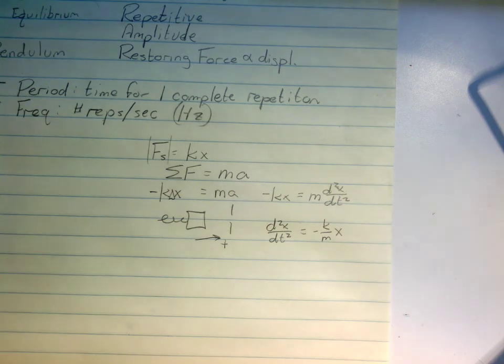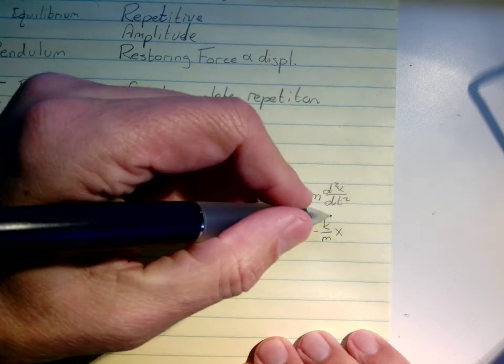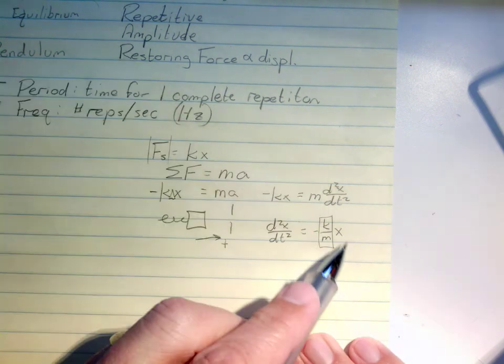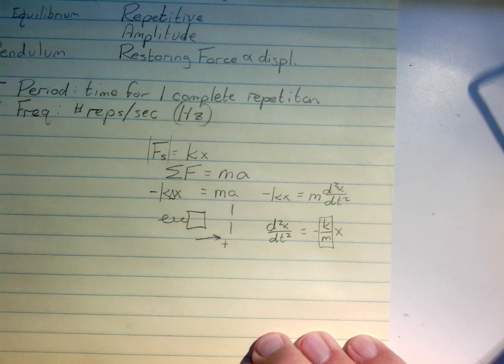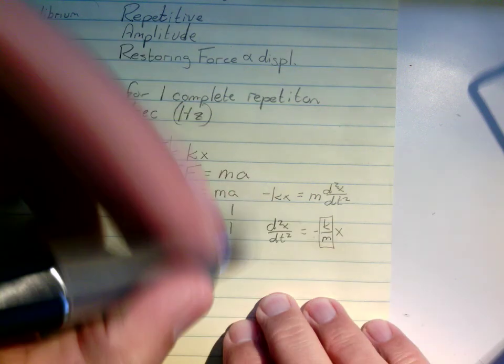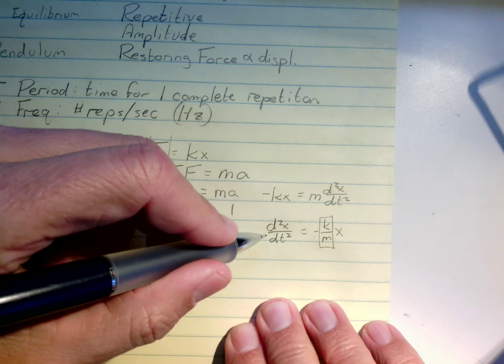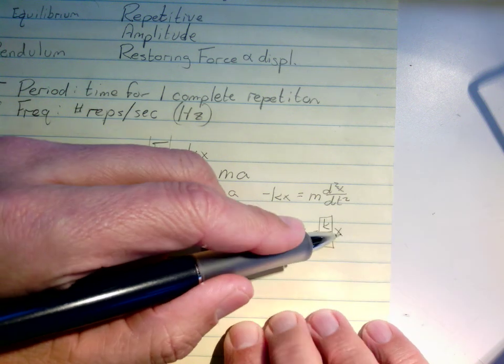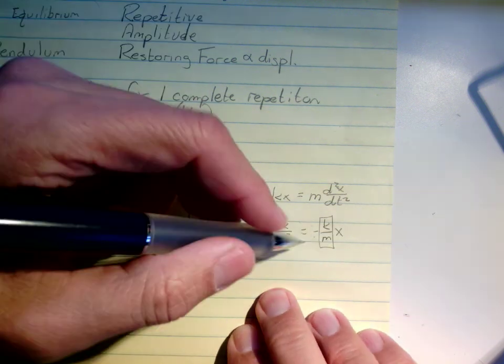If you think of a sine, the derivative of a sine is a cosine. The second derivative of a sine is negative sine. So we can see that same functionality here. And so it turns out that the function that fits this behavior, where the second derivative is proportional to itself but negative, is a sine curve.